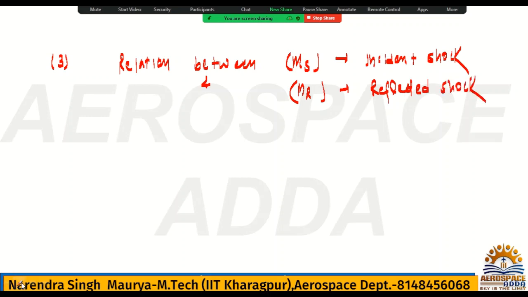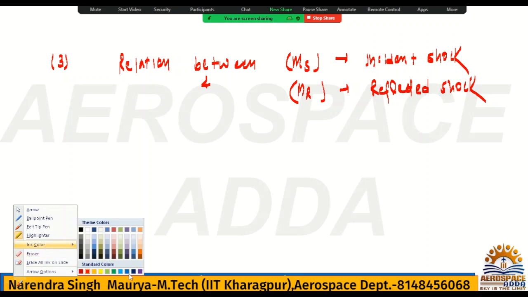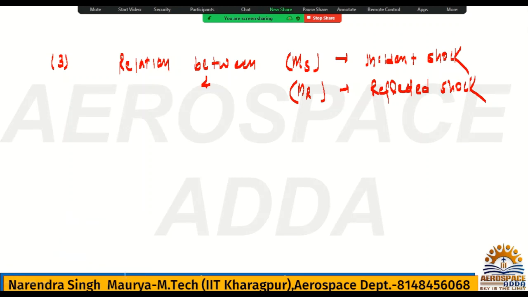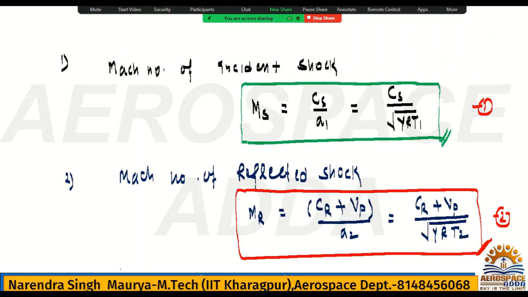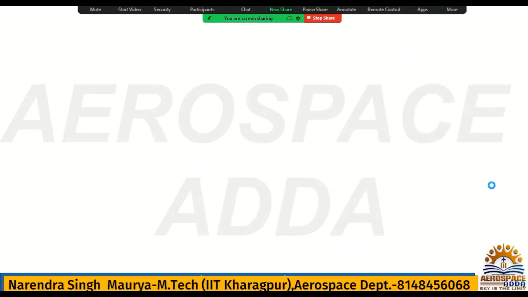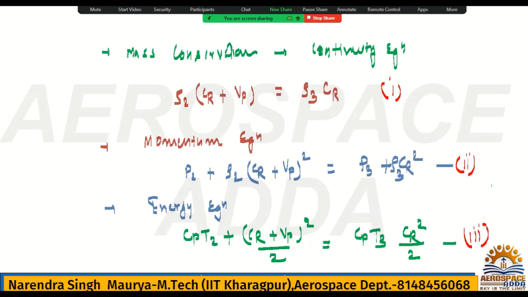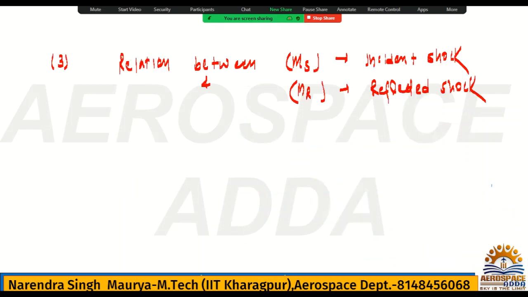So we need to write the relation between the incident shock and the reflected shock. How to get it? You can use equations 1 and 2, and the respective values again you can take from equations 1, 2, 3 here. If you combine all three and do the derivation, you will get the relation between Ms and Mr. So what is the formula you will get? Directly I am going to write.